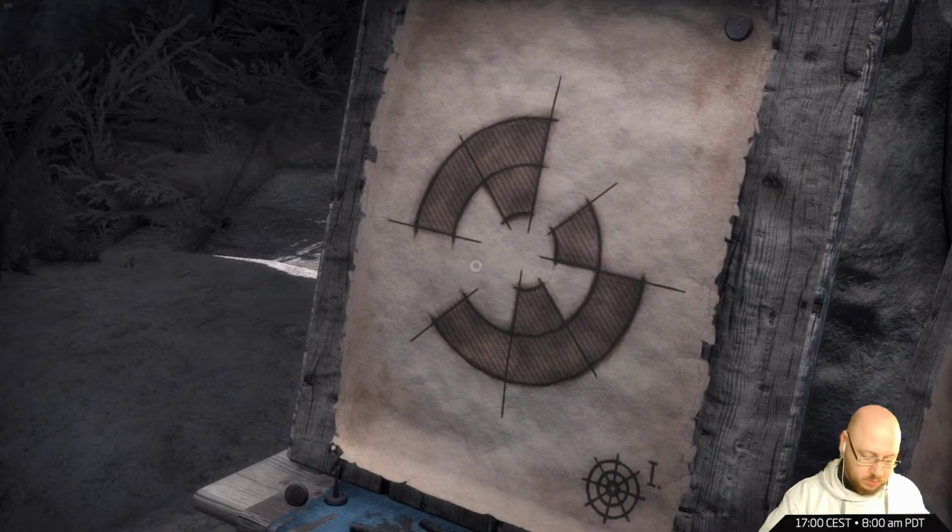And now I'll rotate that 180 degrees. And now let's see.